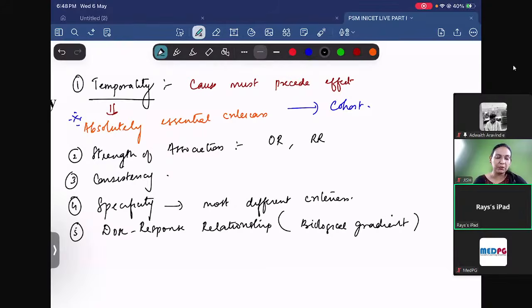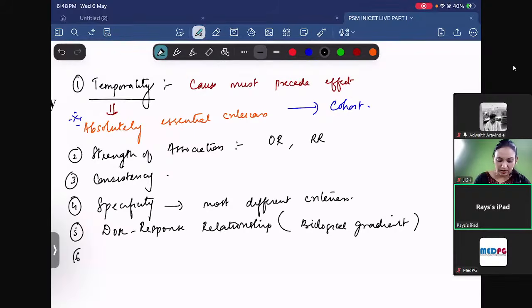Meaning somebody who has been smoking, say, 10 cigarettes every day for 10 years has a higher risk of developing cancer than somebody who has been smoking occasionally, say 2 or 3 cigarettes a week for 10 years. So with an increase in the dose, you are expecting an increase in the response. That's what you mean by dose response relationship.